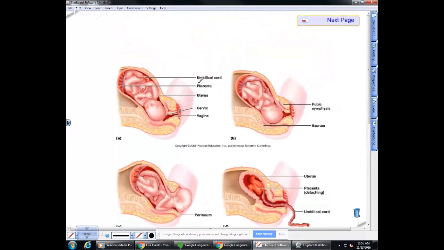So if we look at how this occurs, remember that the big problem with giving birth, in humans in general, is that we have babies with huge heads. And they have to fit through the opening of the pelvis, the pelvic outlet. If you remember, the female's pelvis is shaped differently than the male's, and it's wider and broader.